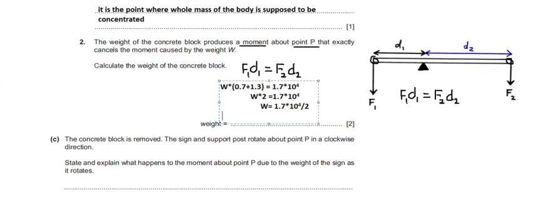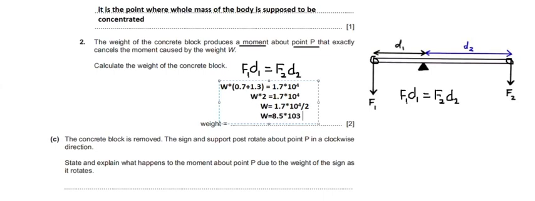So you will get the value of W, that is the weight of the concrete block, is equal to 8.5 into 10 raised to 3.